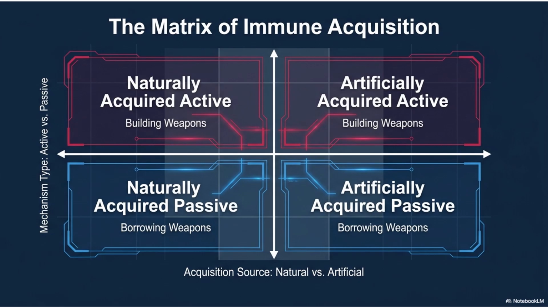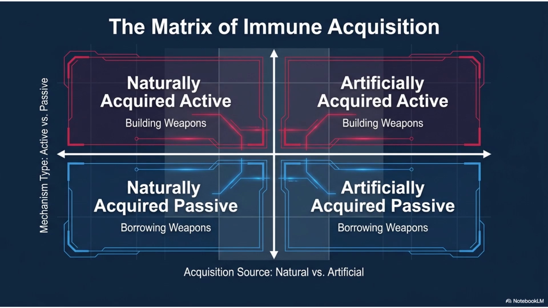The second question, depicted in the columns, is about the source. Was the immunity acquired naturally, like through ordinary life events, like catching an infection or being born, or artificially, like through a deliberate medical intervention? Now combine the rows and columns and you get 4 quadrants.